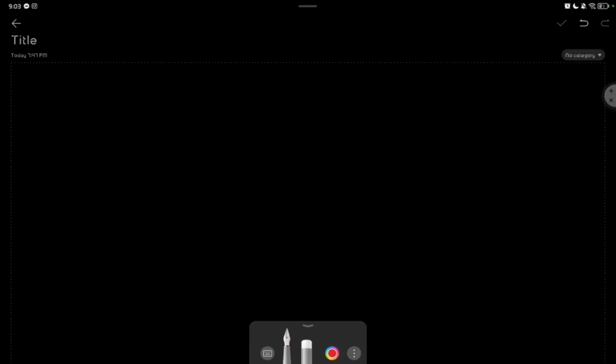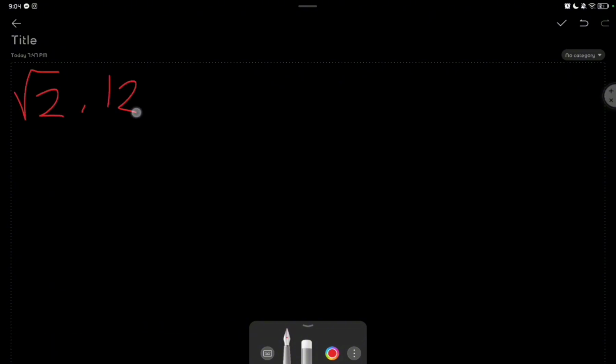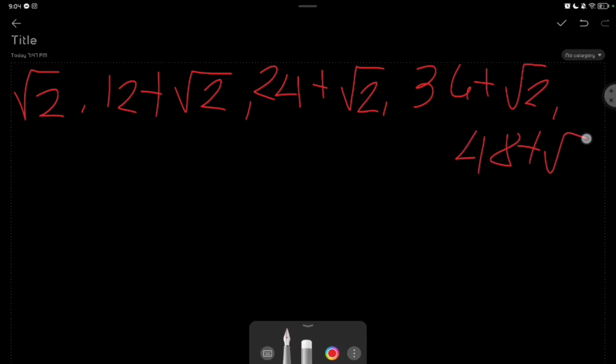So now for the last number, we have the given: square root of 2, then 12 plus square root of 2, then 24 plus square root of 2, then 36 plus square root of 2, and 48 plus square root of 2.